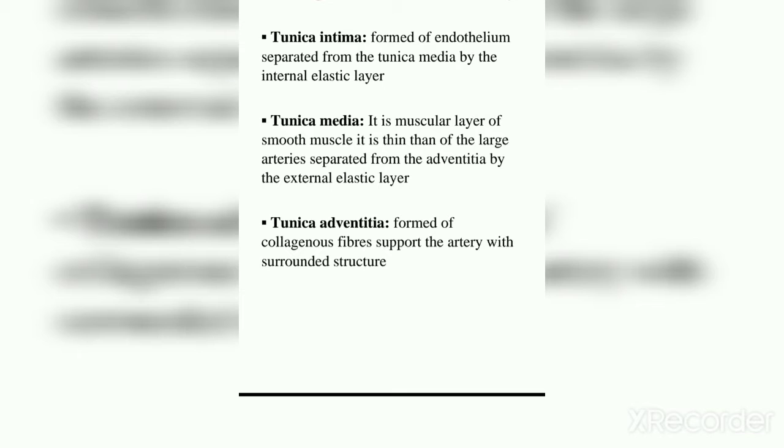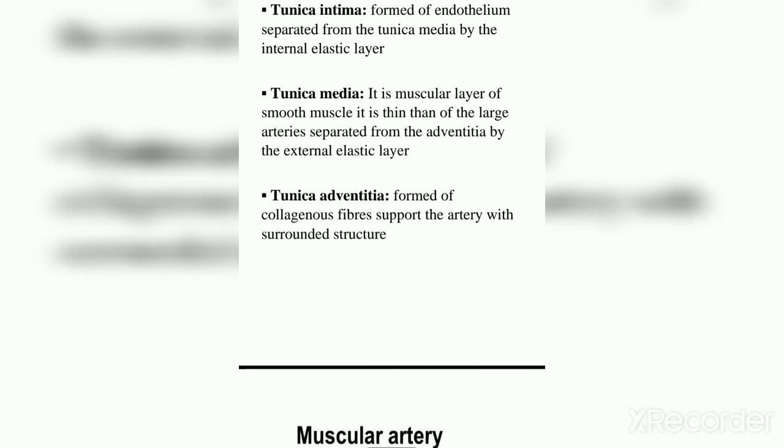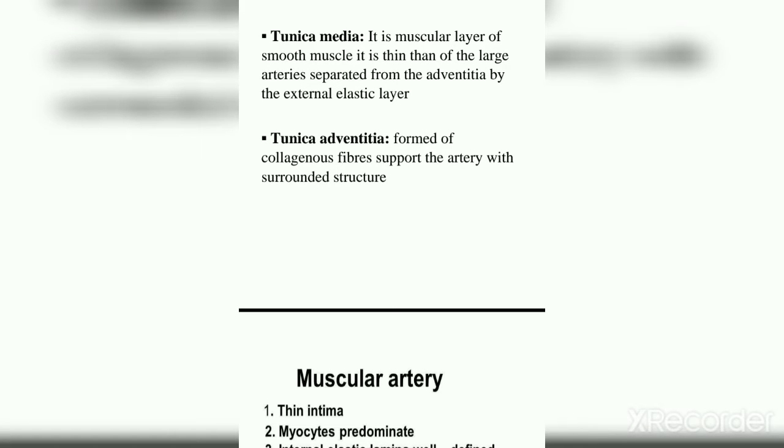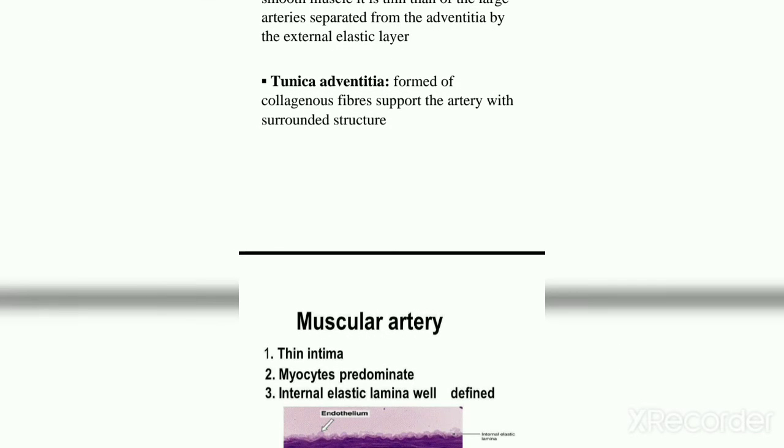The tunica media is a muscular layer of smooth muscle. It is thinner than that of the large arteries and separated from the adventitia by the external elastic layer. The tunica adventitia is formed of collagen fiber that supports the artery with the surrounding structure.